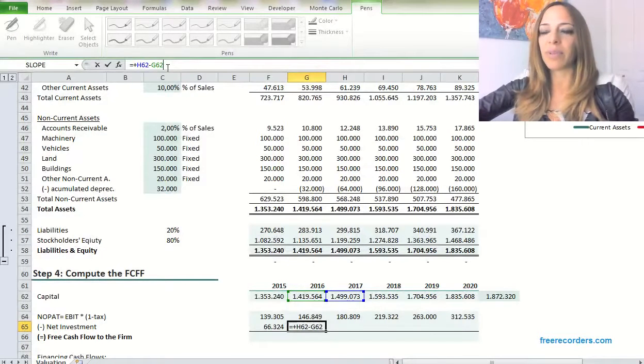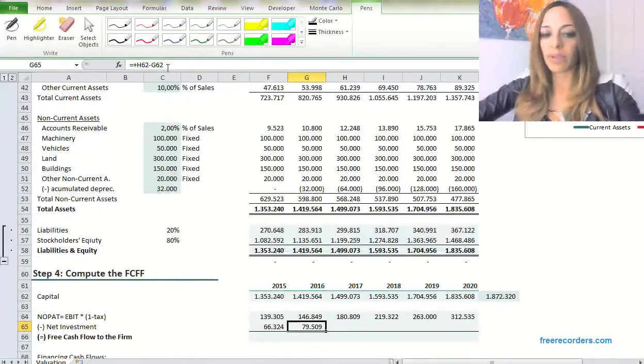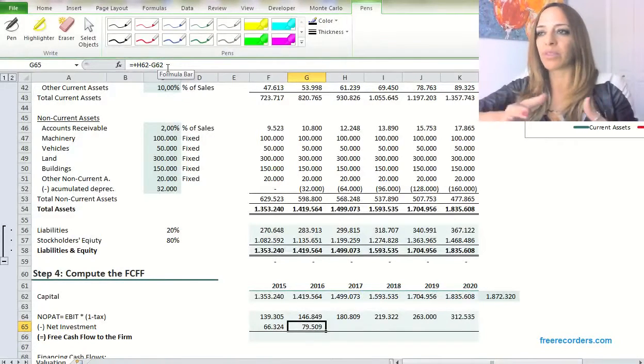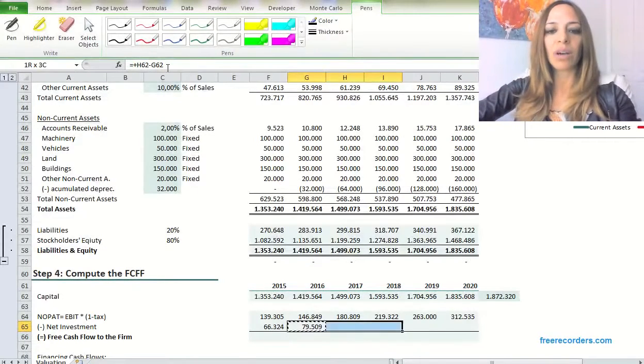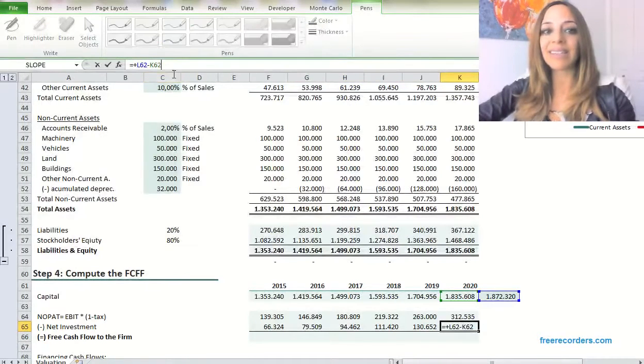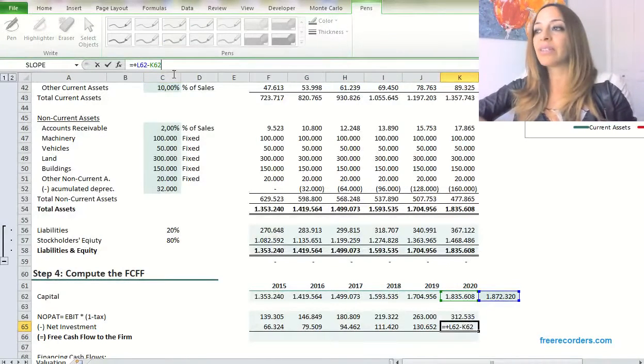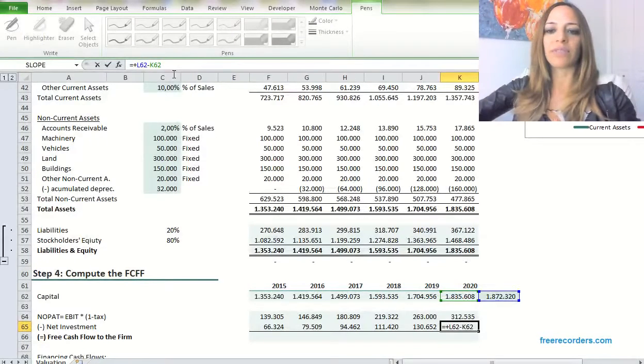Therefore, if the capital is growing, net investment will be positive, will make it possible for the capital to grow. We'll copy for every year, and in the last year you can see why we needed to forecast an extra year, because we are comparing capital next year with what we have today.